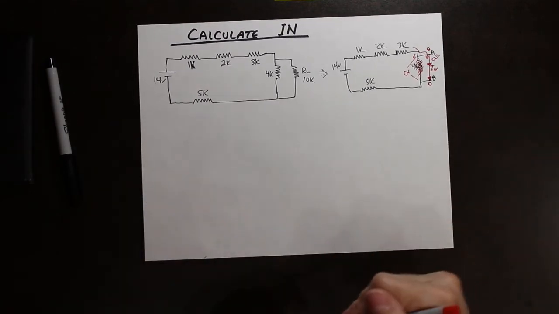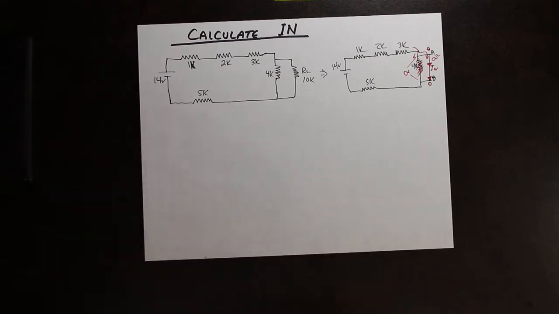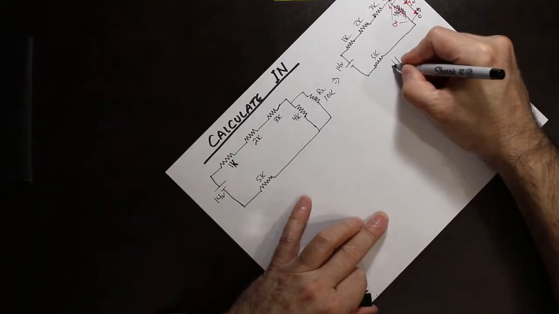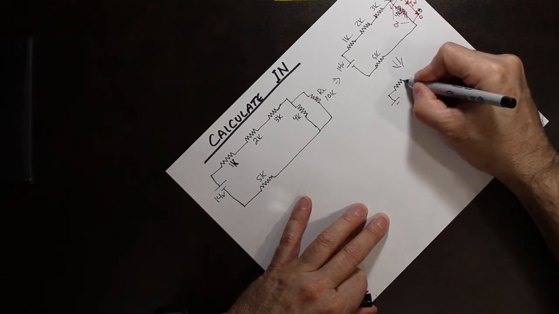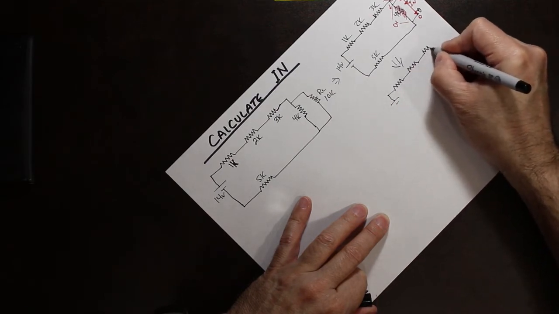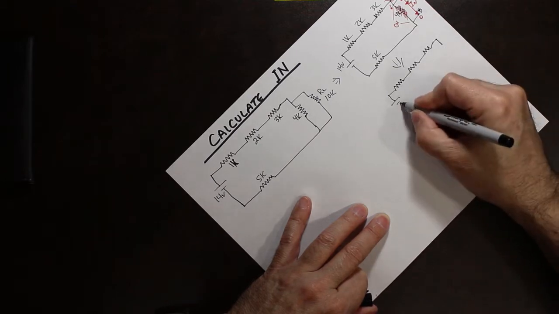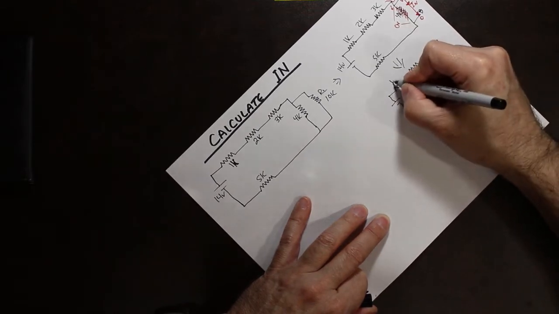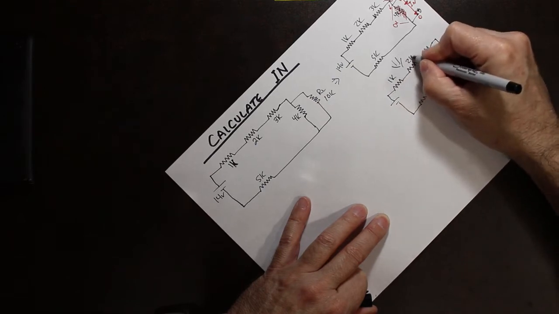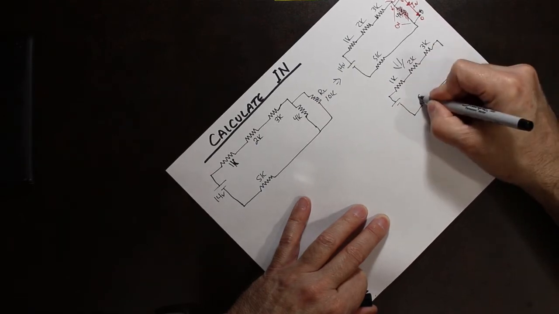So what we have left is this. So that circuit turns into this one. This is the 1K, this is the 2K, this is the 3K, and the 5K.